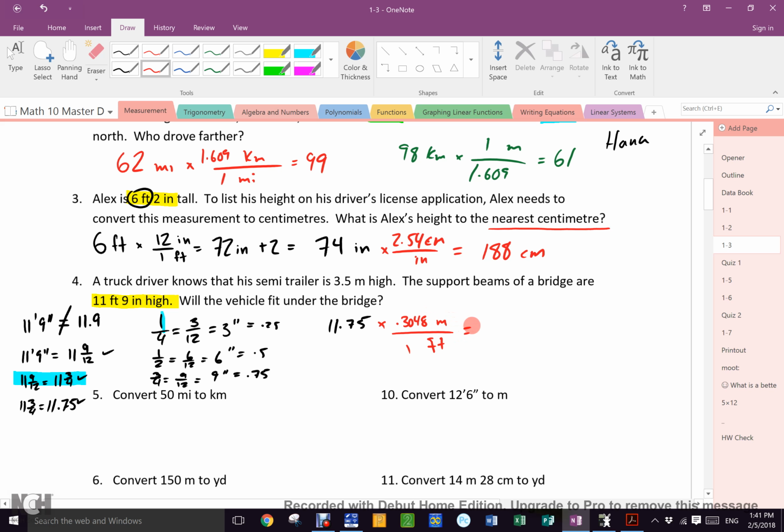What do you get for an answer? 3.5. 3.5 what? 3.58 meters. So what is 3.58? The truck or the bridge? The bridge. So can I drive under it? Yes, you can. Yes. Just.